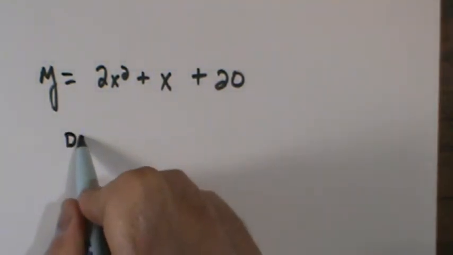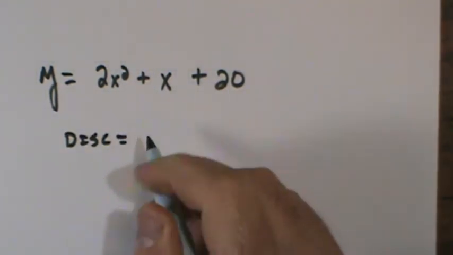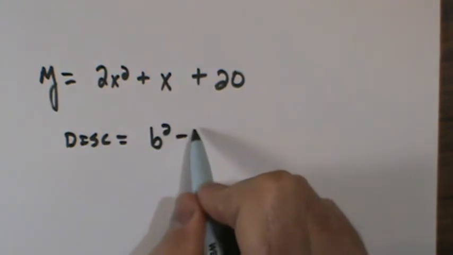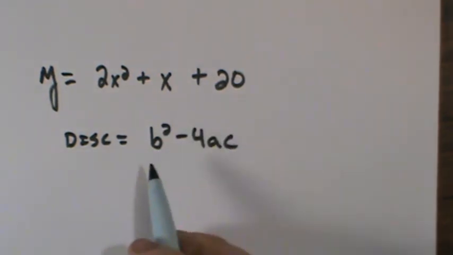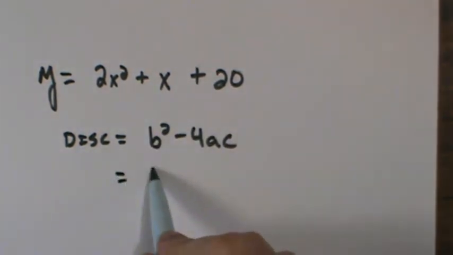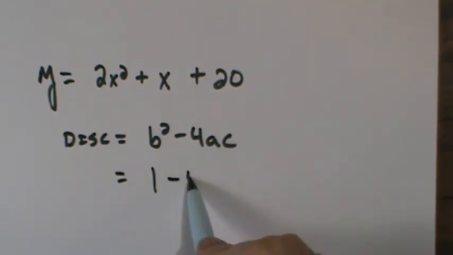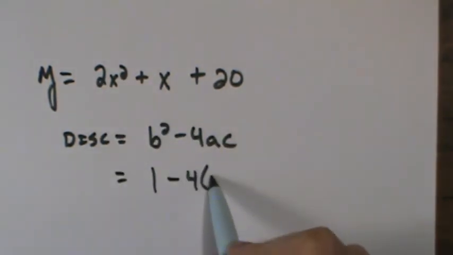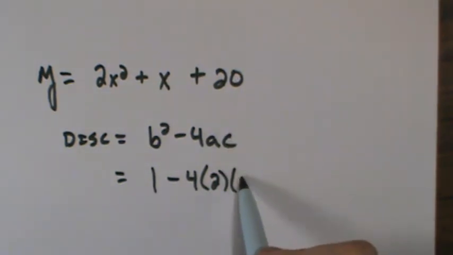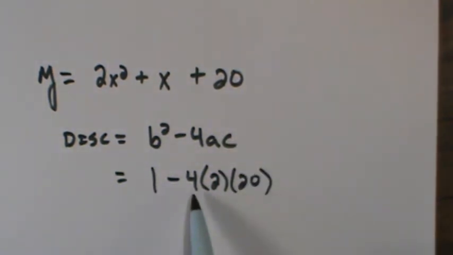I go to my formula, I simply say the discriminant is equal to b squared minus 4ac. b is 1, so I say 1, minus 4 times a, which is 2, times c, which is 20. So I get 4 times 2 is 8. 8 times 20 would be 160. So I get 1 minus 160, which is negative 159.